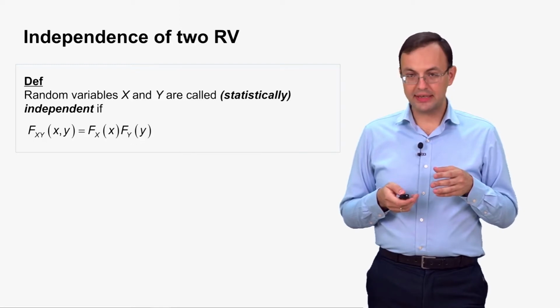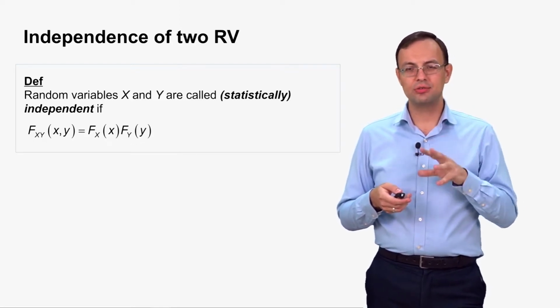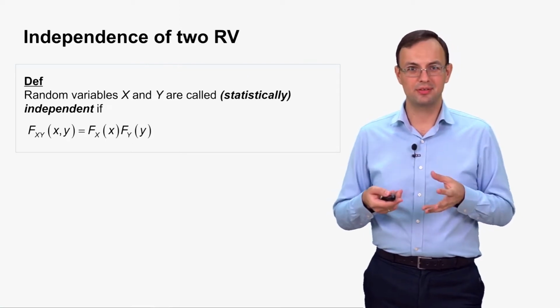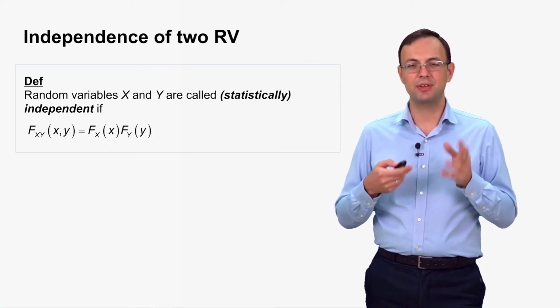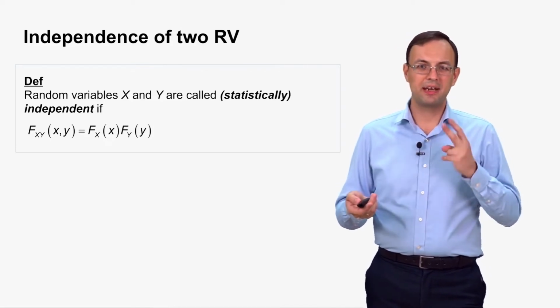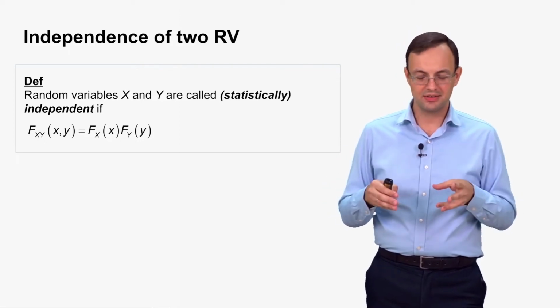So this definition is usually not so very applicable. Sometimes it's difficult to apply it to check if a pair of random variables is dependent or independent.